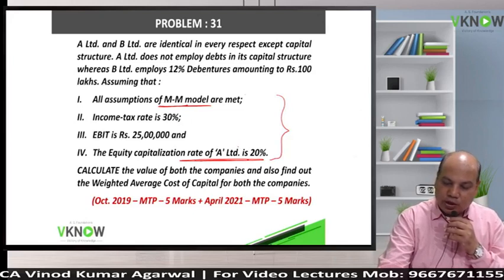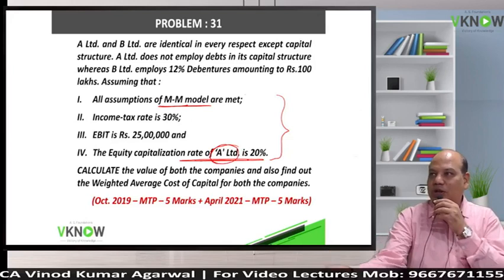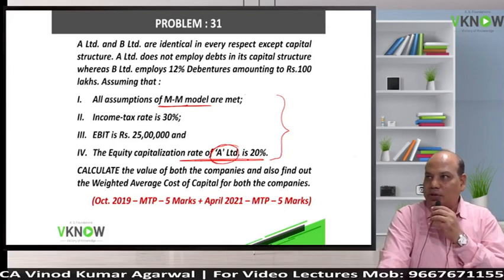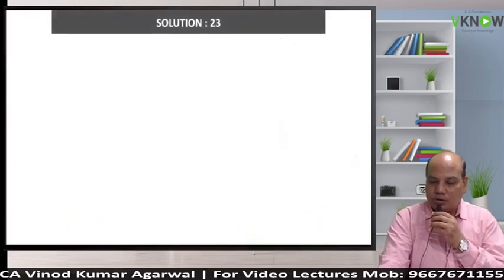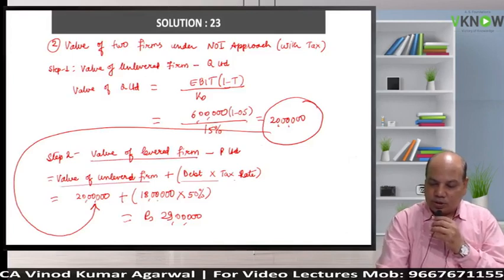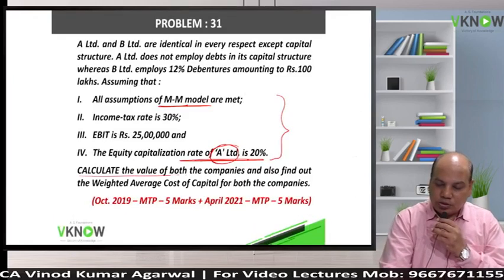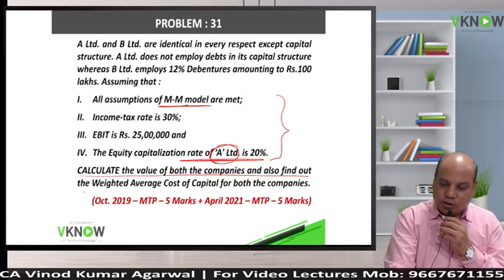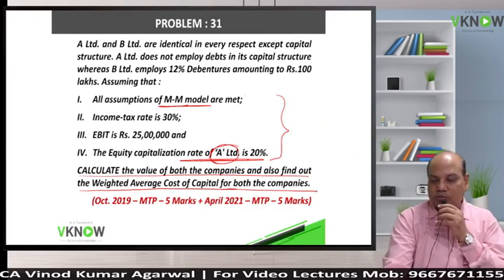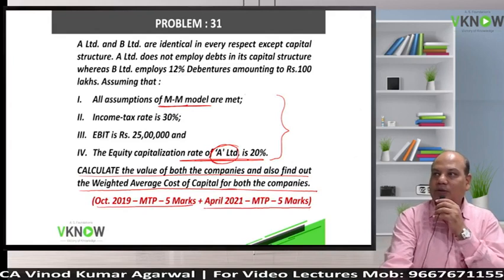First we will value A Limited, then we'll value B Limited, the levered firm, by applying the same formula. Which formula? This formula on the screen. Value of a levered firm is equal to value of unlevered firm plus debt into tax rate. After that, they have asked to calculate the value of both the companies and also find out the weighted average cost of capital for both the companies. October 19 MTP 5 marks, April 21 MTP 5 marks.